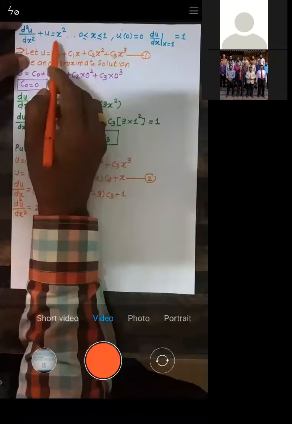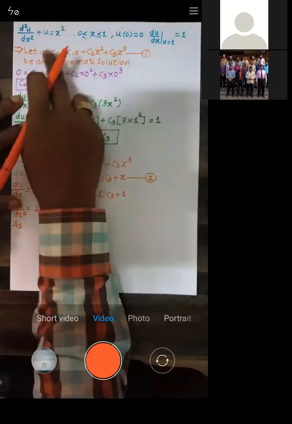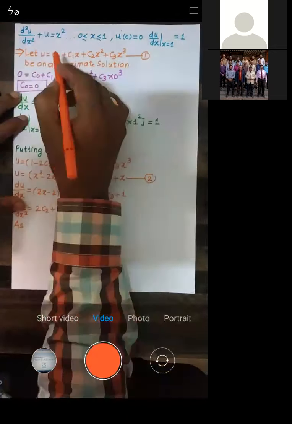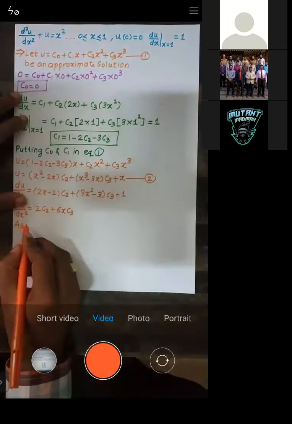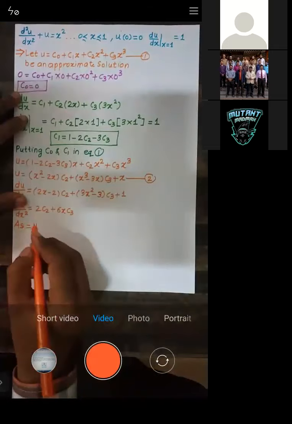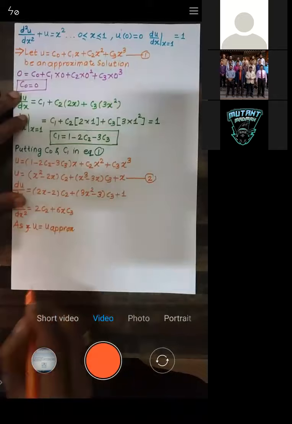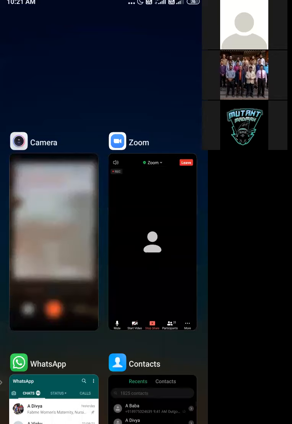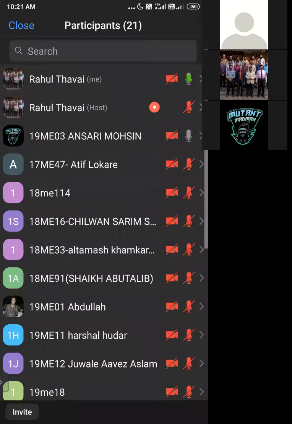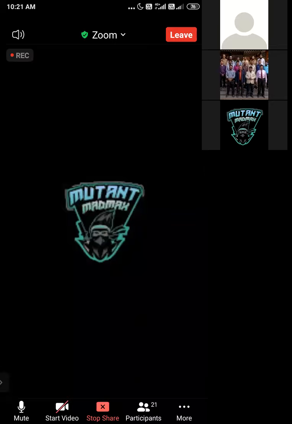Now, whatever the solution for u which we have assumed, it's approximate. Let this be an approximate solution. So whatever the value of u we have written, it's the approximate value.